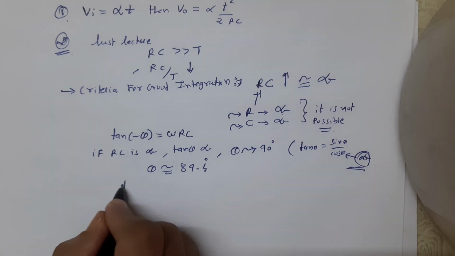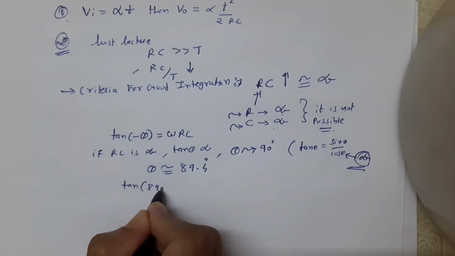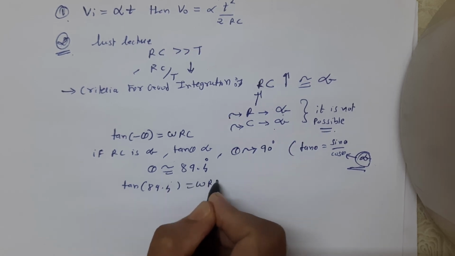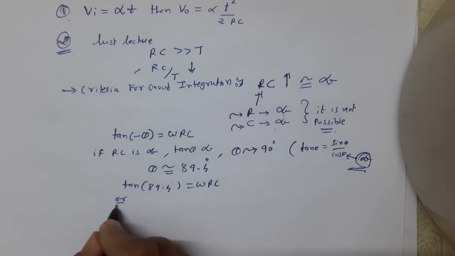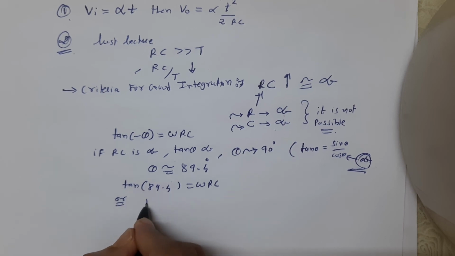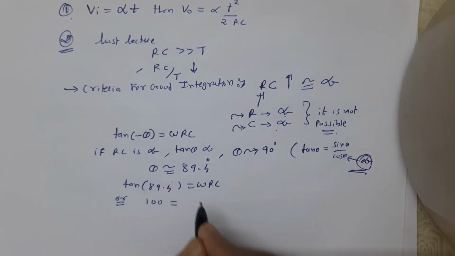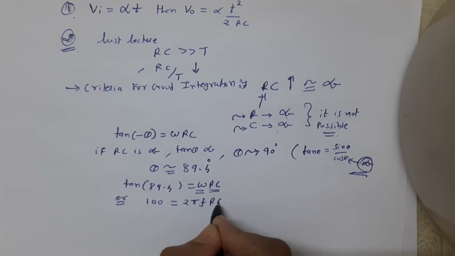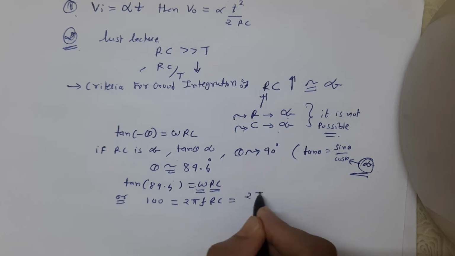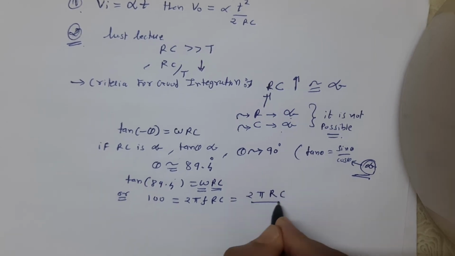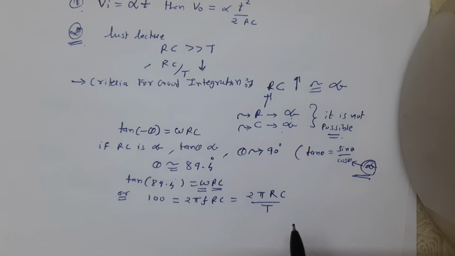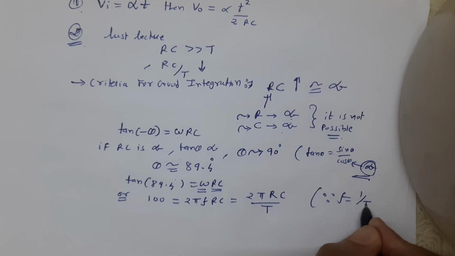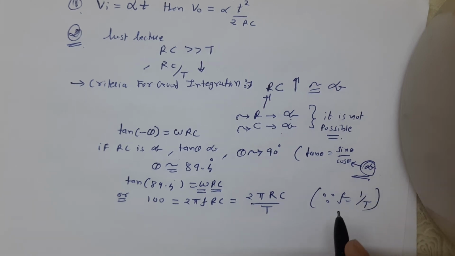So tan of 89.4 degrees, that means 100, is equal to omega RC, where omega means 2 pi f, that means 2 pi RC upon T, because we know that frequency f is equal to 1 upon T.